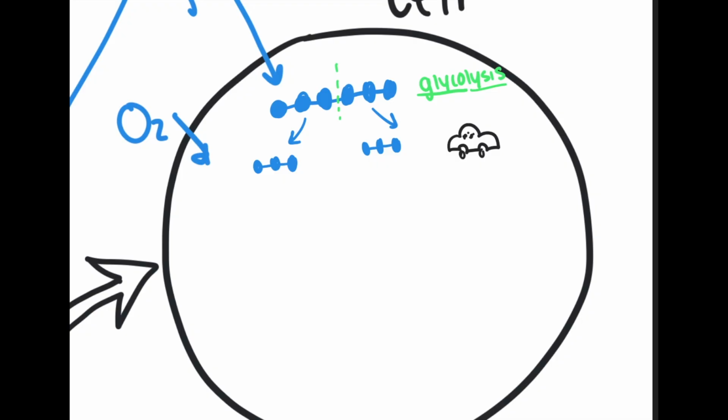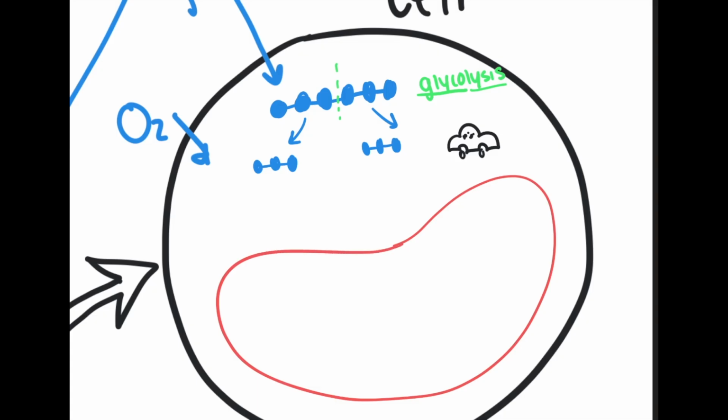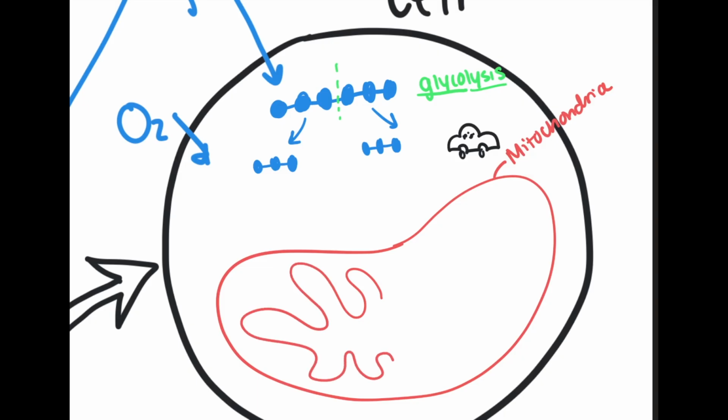But we know that the mitochondria is the organelle where a lot of the action happens. So I'm drawing it really big here. It would be a lot smaller in real life. Okay, it has inner folds, right? So we have an outer membrane and an inner membrane.